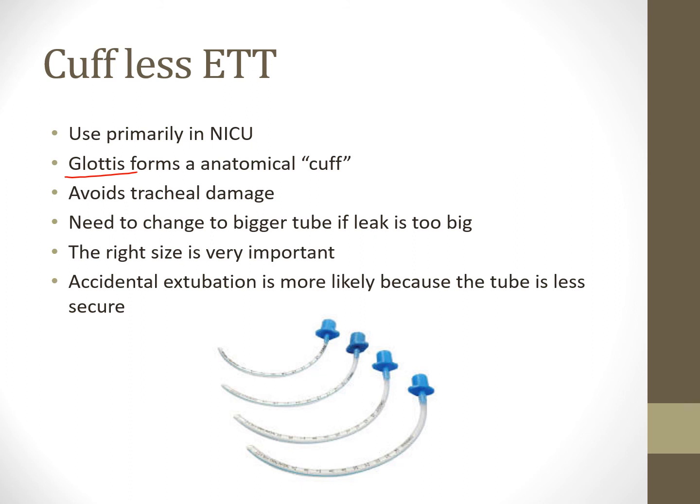A lot of times these kids, and understand this, even if you never work NICU in your whole life, but you somehow have to get called to a situation where they intubate a baby and they're going to ship it to a children's hospital of some sort or another, understand that that tube has a higher chance of accidental extubation because there's nothing keeping it below the vocal cords, right?